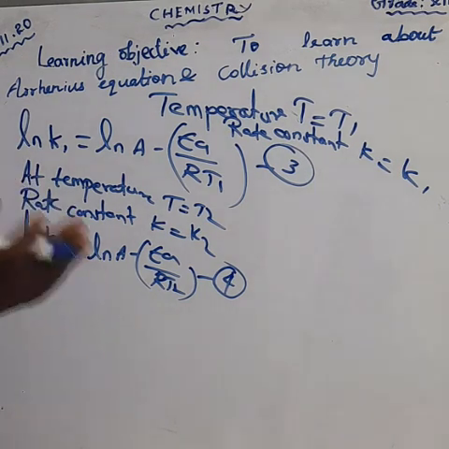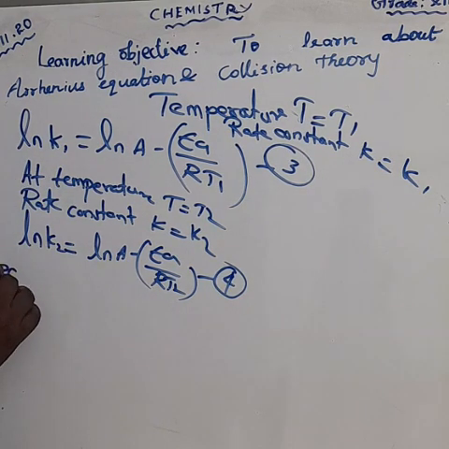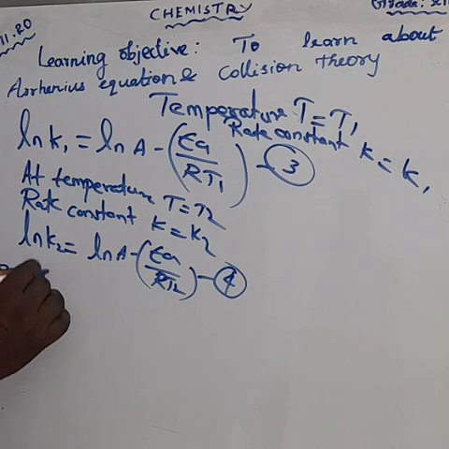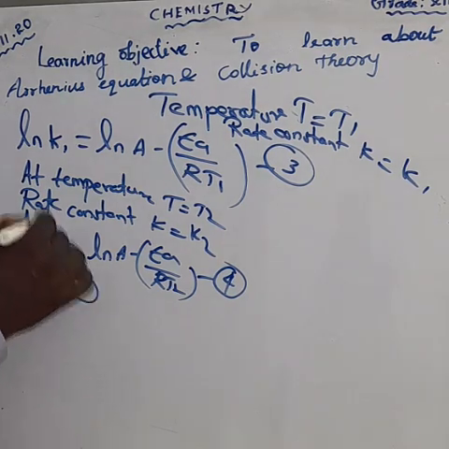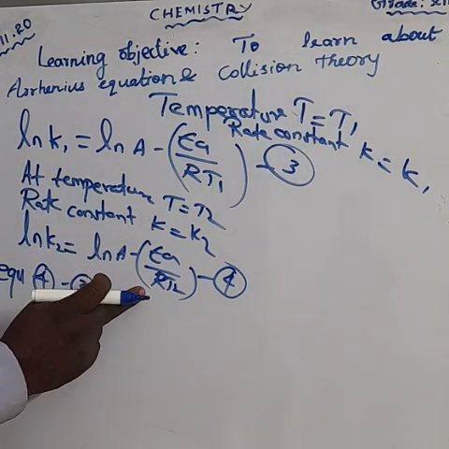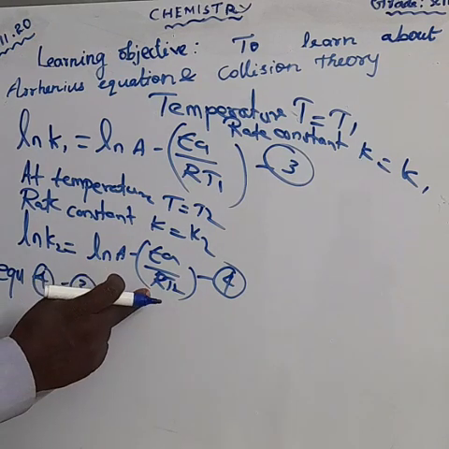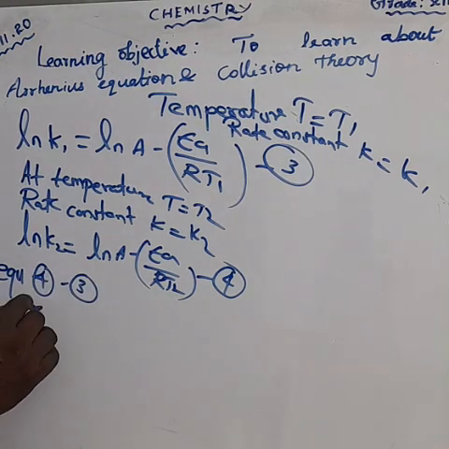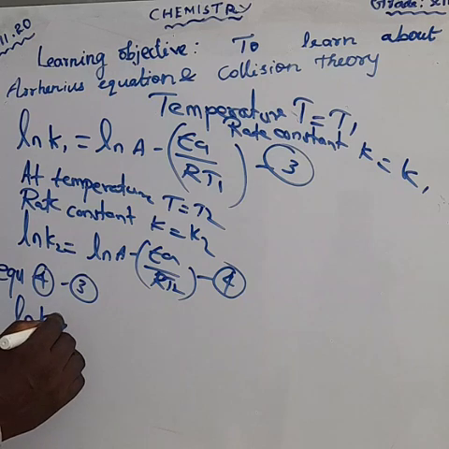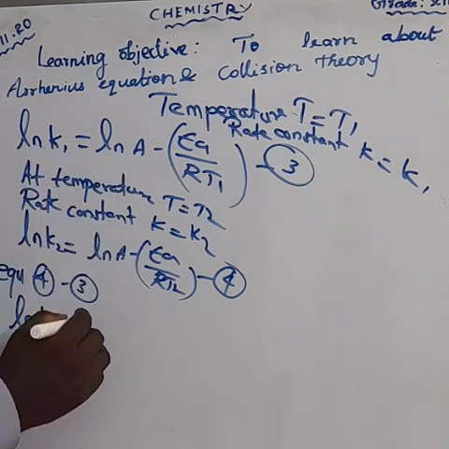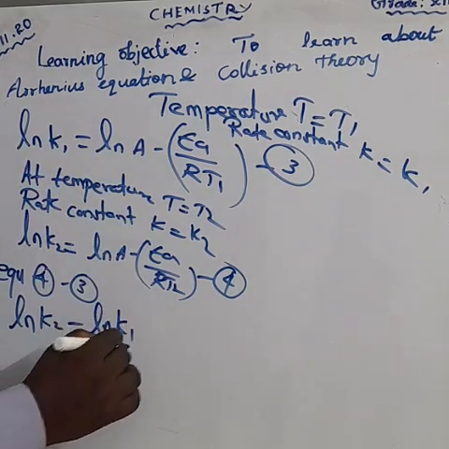Now equation 4 minus 3. First you write equation number 4, that is ln K2, minus equation number 3, ln K1.